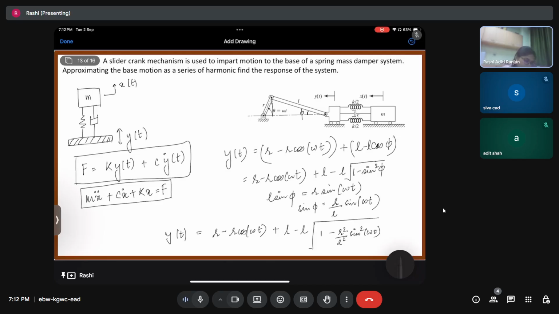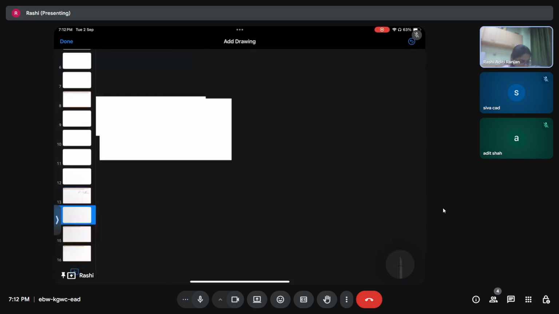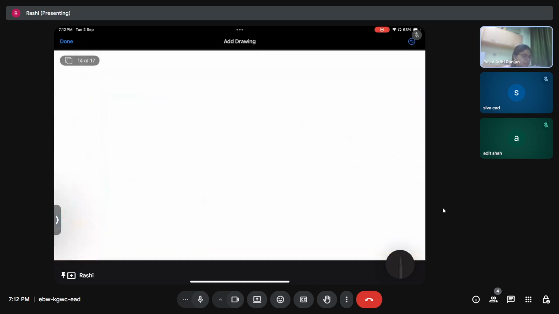So if we assume that this value is small, we can basically write 1 minus r square by L square sine square of omega t to the power 1 by 2 is nearly equal to 1 minus r square by 2L square sine square of omega t.